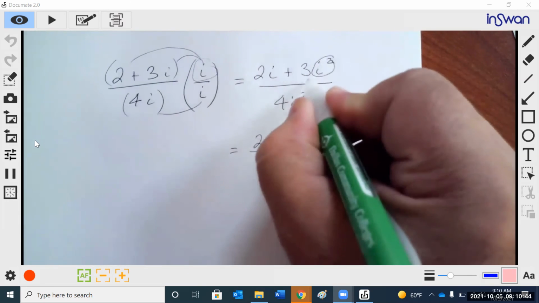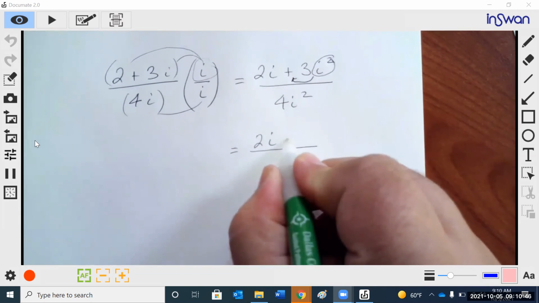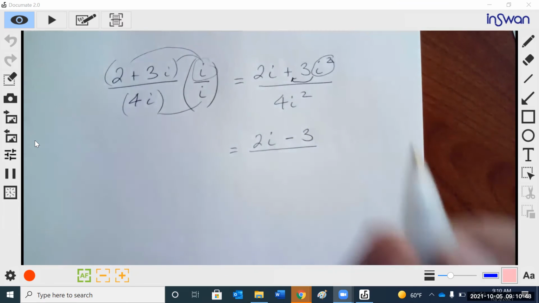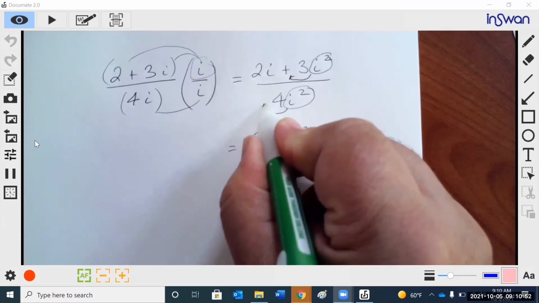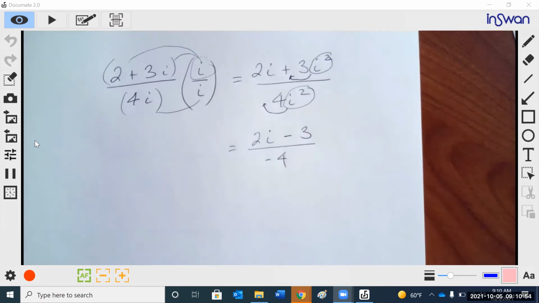This i squared changes that sign, so minus 3. This i squared changes that to a negative 4. Everybody follow me so far? I don't want to lose anybody.